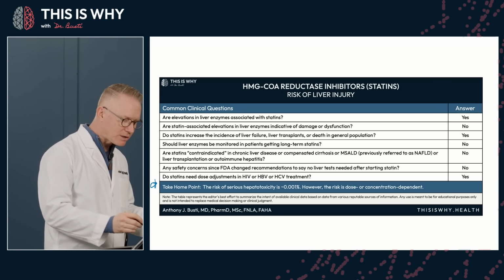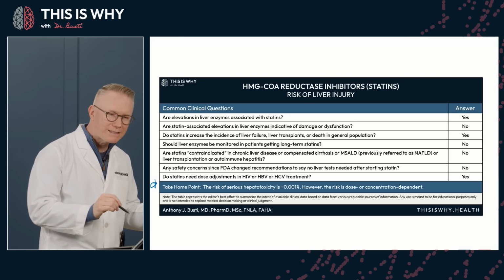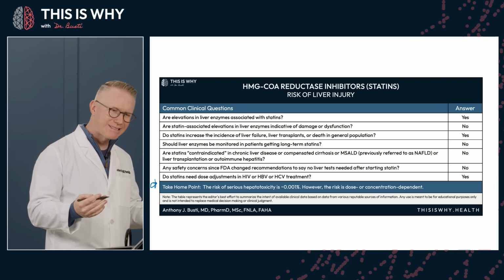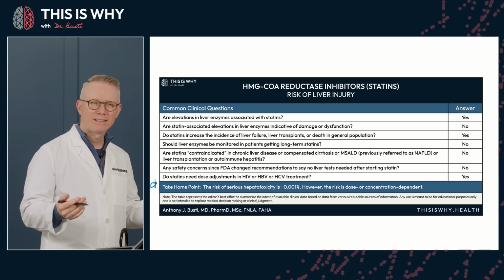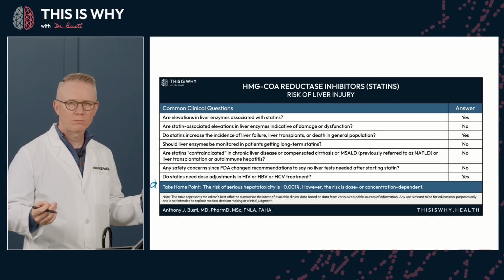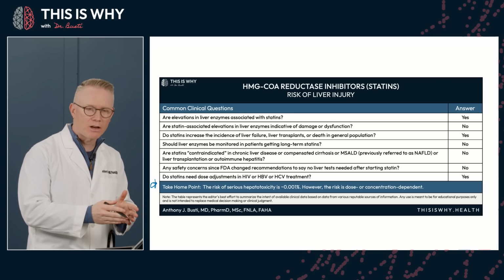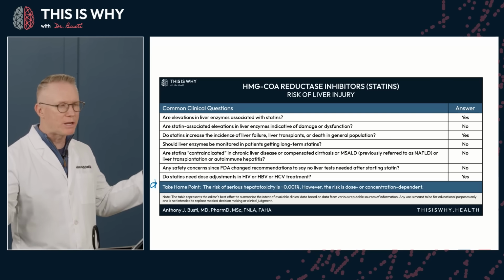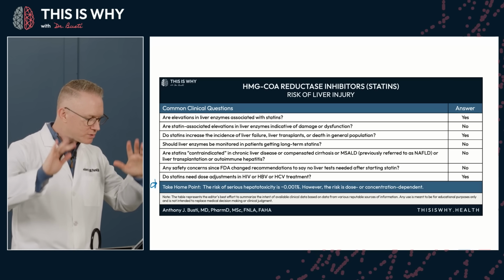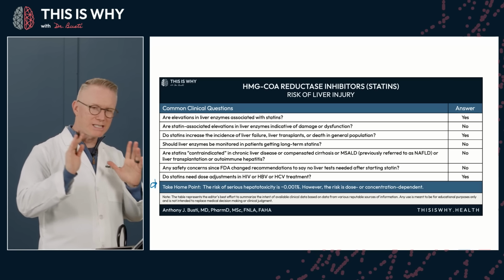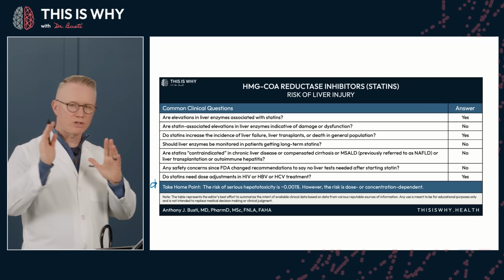The risk of hepatotoxicity is 0.001%. That's pretty low. Now, this is in the context of standard appropriate doses, no major drug interactions, someone didn't overdose. I'm not talking about that. But what they all consistently see is that there is a dose or concentration dependent effect.